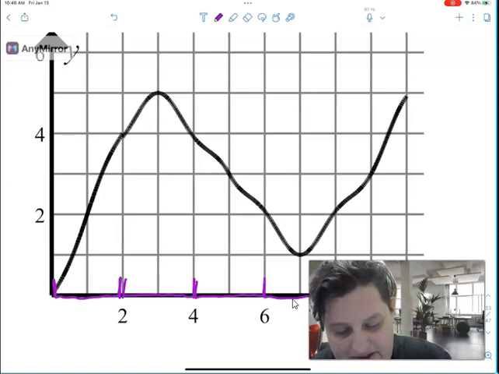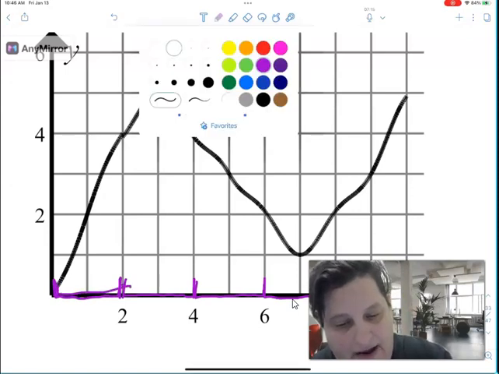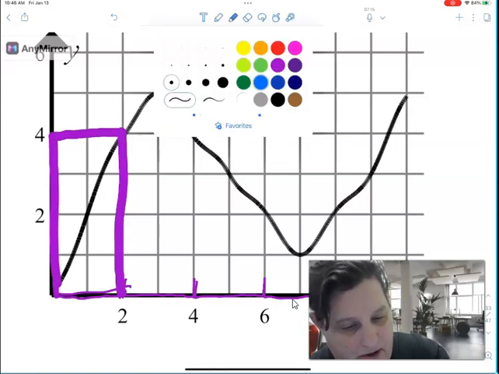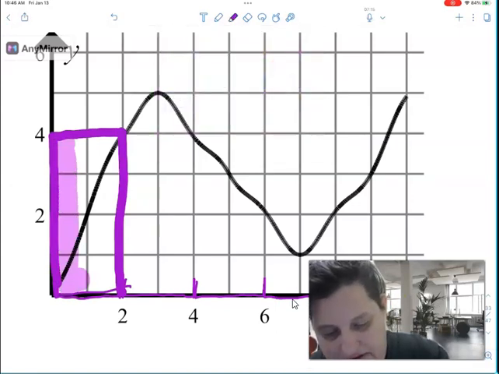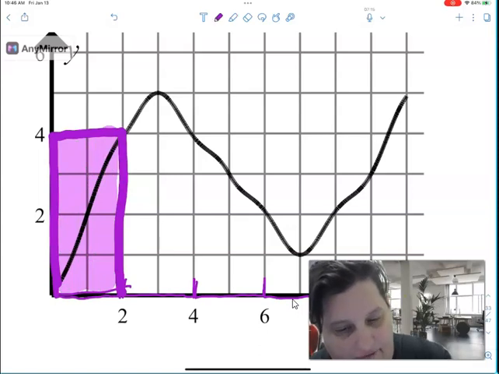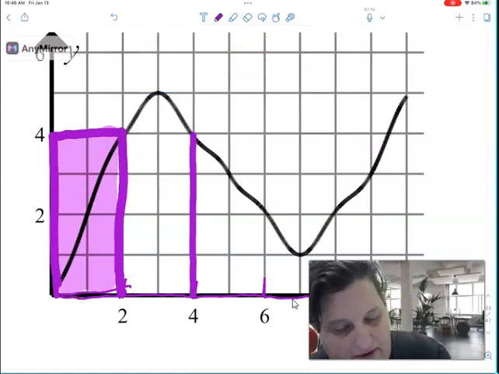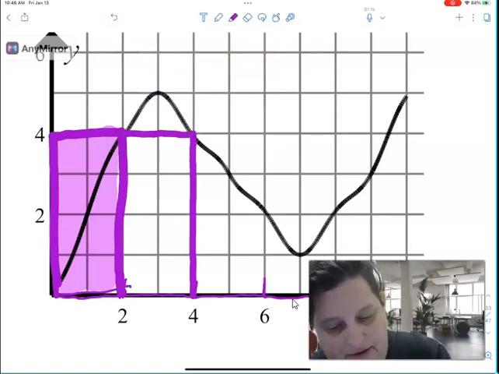A right-hand sum says between 0 and 2, I go to the one on the right, which would be 2, and I go to the height of it and make a rectangle, and I color that in.